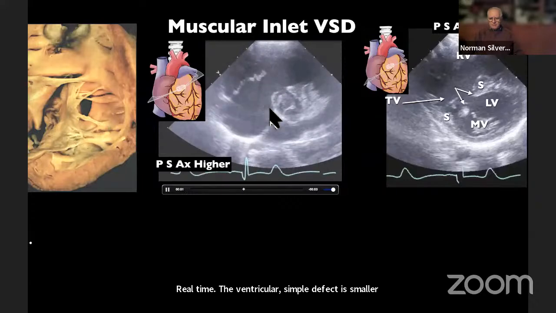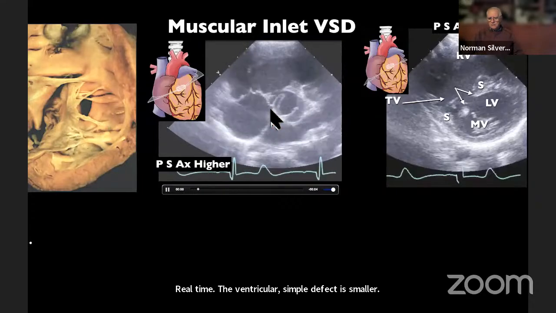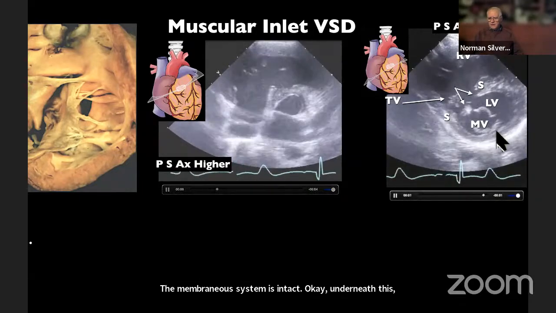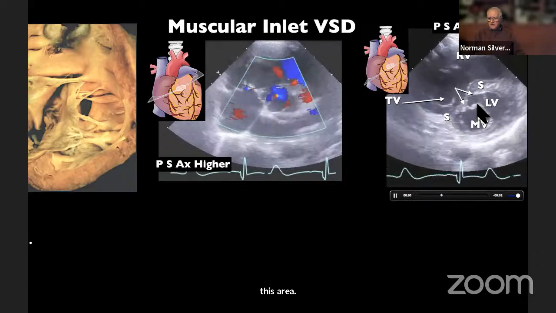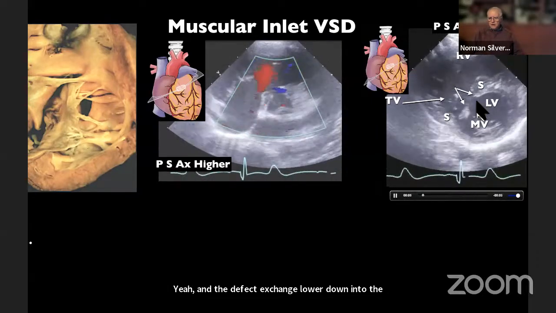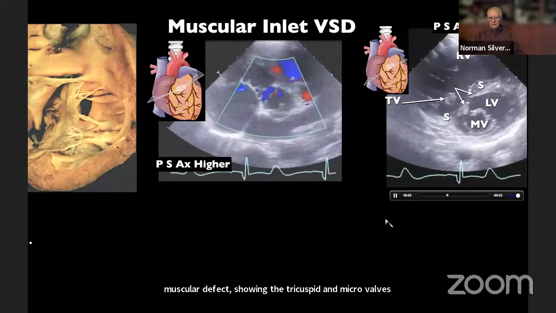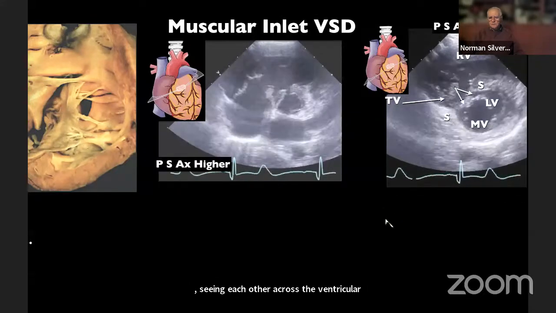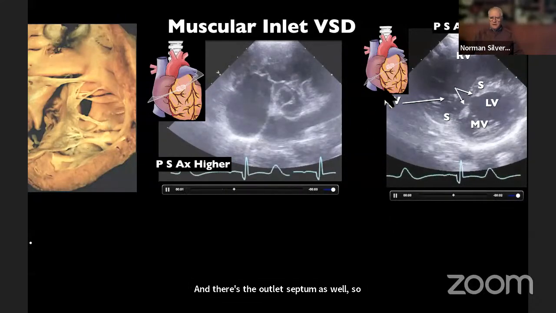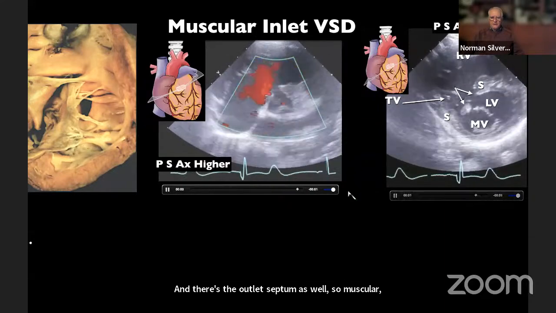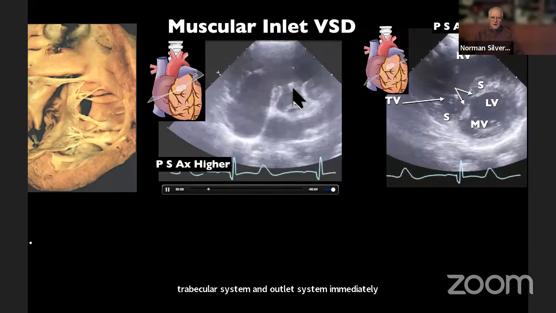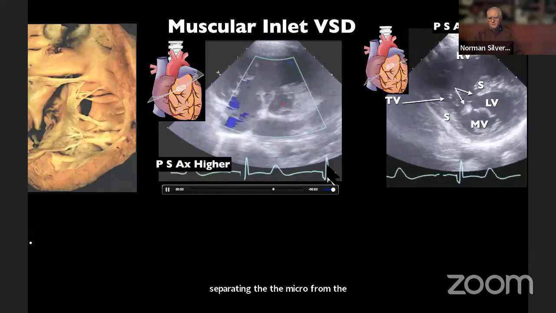The membranous septum is intact, okay, underneath this area here. And the defect extends lower down into the muscular defect, showing the tricuspid and mitral valves seeing each other across the ventricular septal defect, as it were. And there's the outlet septum as well. So muscular trabecular septum and outlet septum immediately separating the tricuspid and the mitral from the aortic valves.